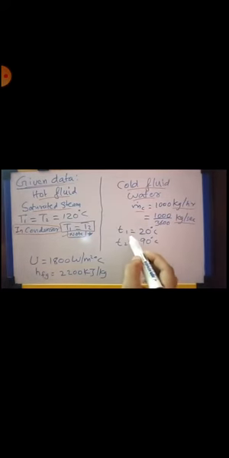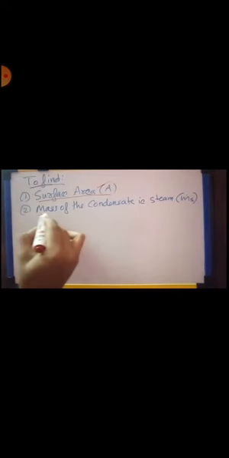Its mass flow rate is given, and we have to change it into kilogram per second. Then the inlet and outlet temperatures of water are given. Then the overall heat transfer coefficient U is given. We have to find out two things. First one is the surface area A. Second one is the mass of condensate, that is steam. Steam is the condensate here, that is m dot s.